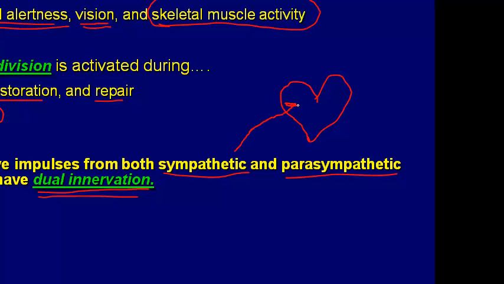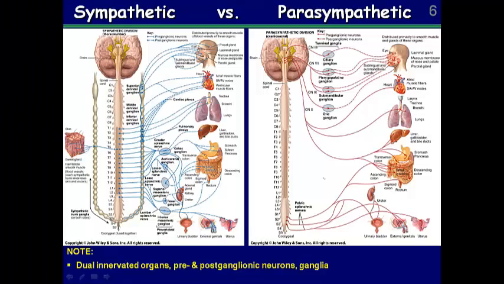Sympathetic neurons go to it, and that increases your heart rate. Well, we also have parasympathetic neurons that go to it, which guess what? Will help slow your heart. So sympathetic and parasympathetic go to most organs, and they usually do opposite things to that organ.